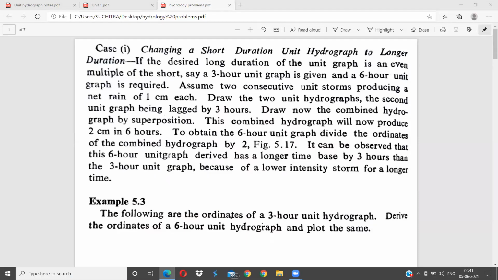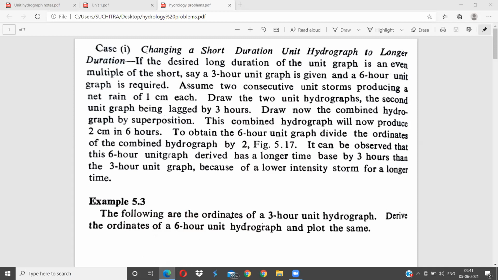Now, so far we have discussed what a hydrograph is, and how to derive a unit hydrograph from the observed flood hydrograph. Now, there are 2 cases. One is changing a short duration unit hydrograph to a longer duration unit hydrograph.